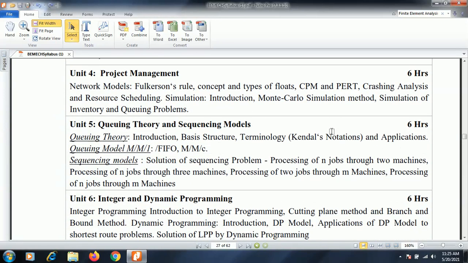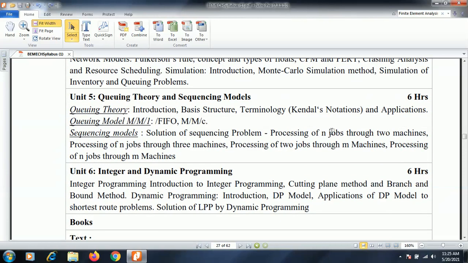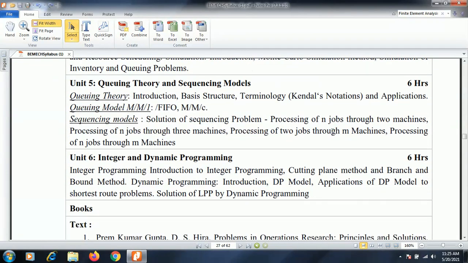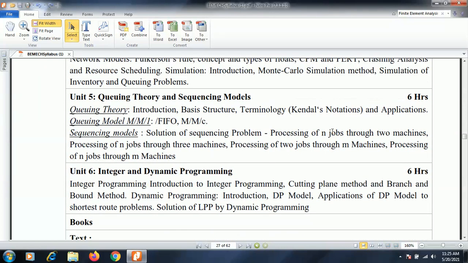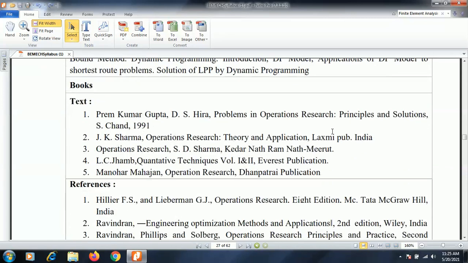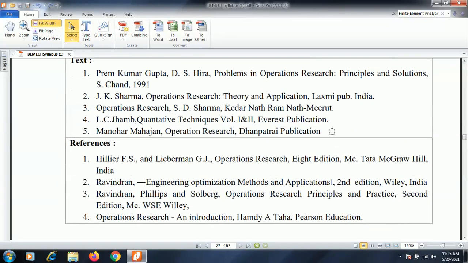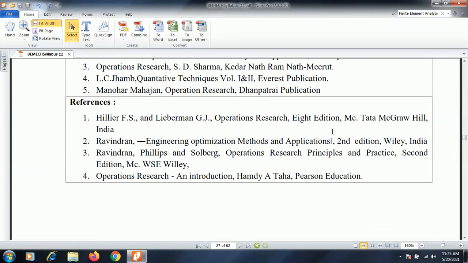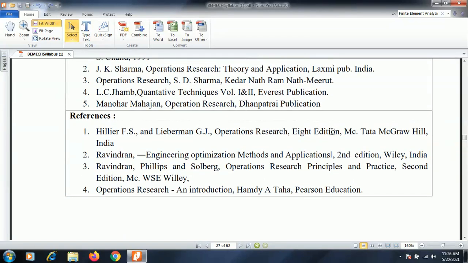So these are management based concepts, mostly used in manufacturing, production, and also in the planning department. So you can go through this subject. Operation research is purely a numerical subject. So those students who are good at numericals and very much interested in solving problems can opt for this subject.